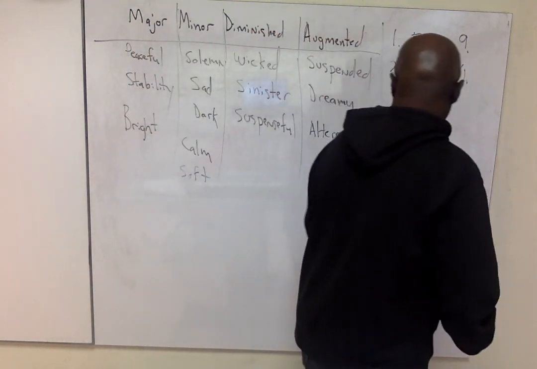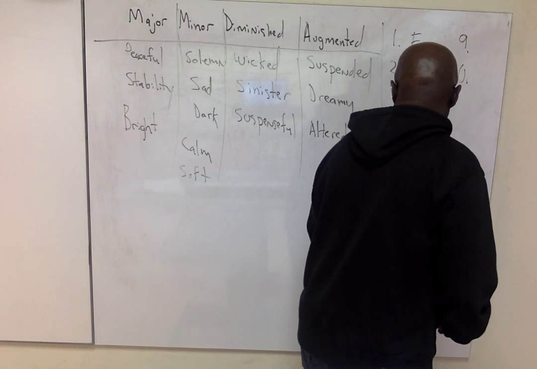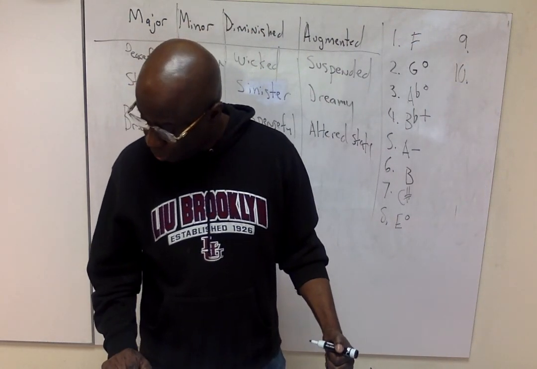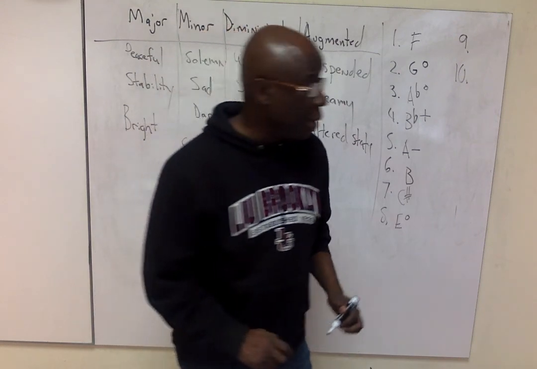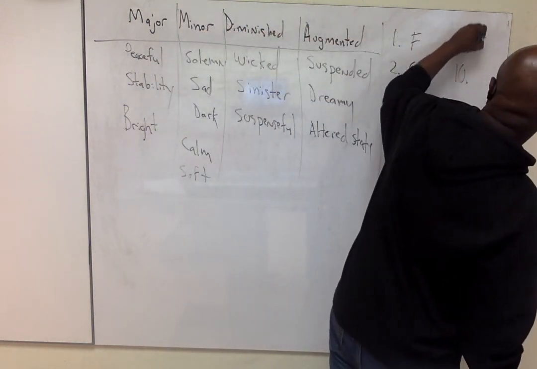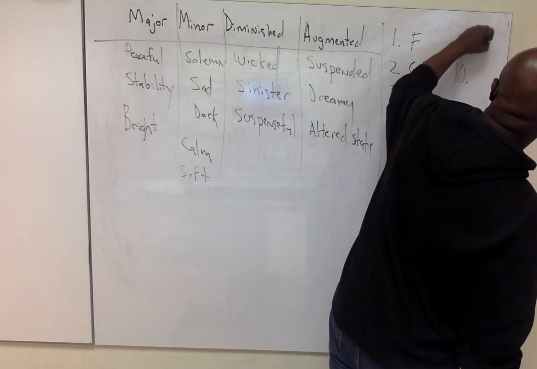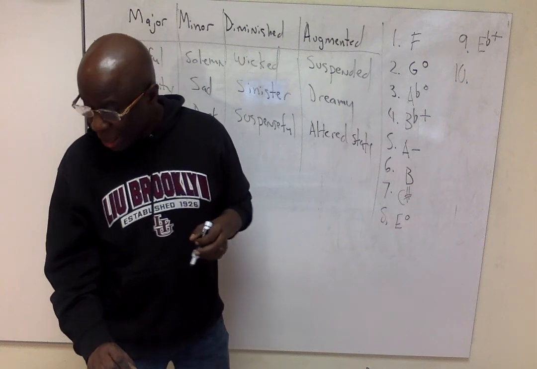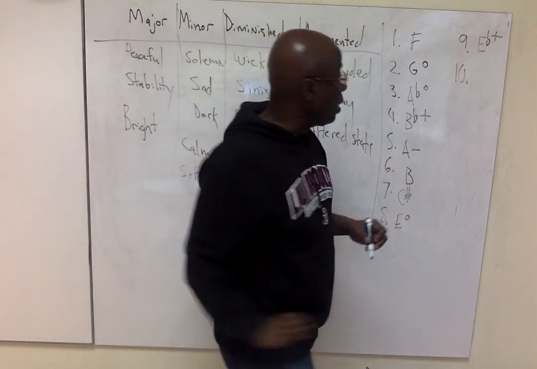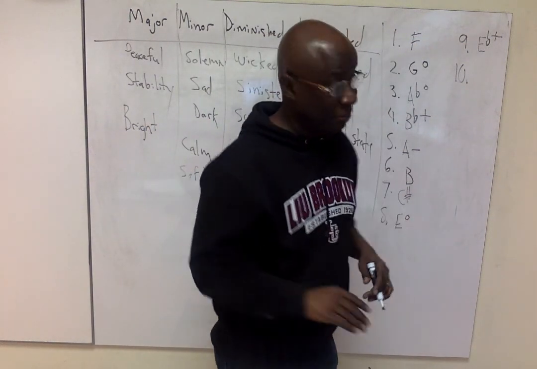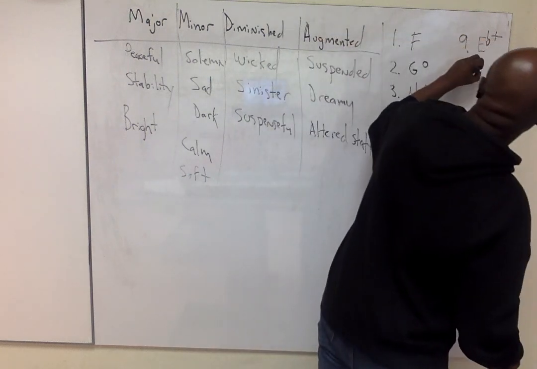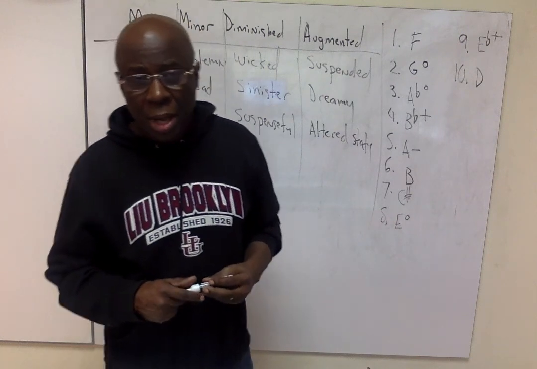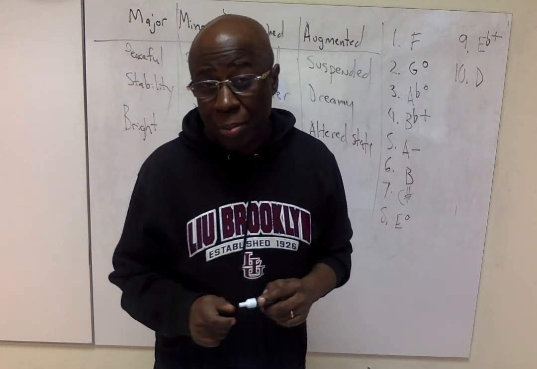Number eight, diminished, E diminished. Number nine, E flat augmented. Remember, augmented has the plus sign. And number 10, anybody? Okay, right, major, D major. Remember, the major is the letter name without any symbol whatsoever.